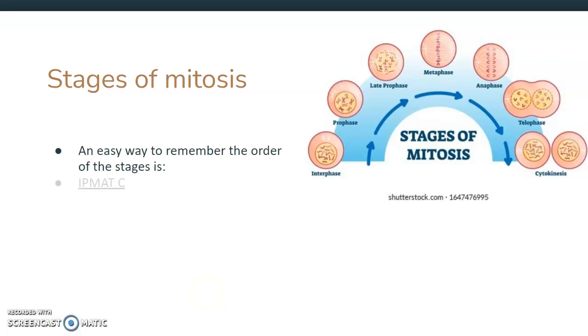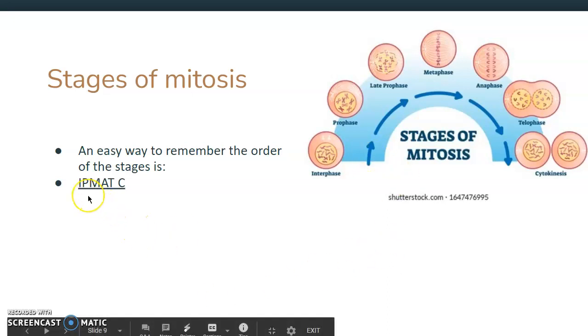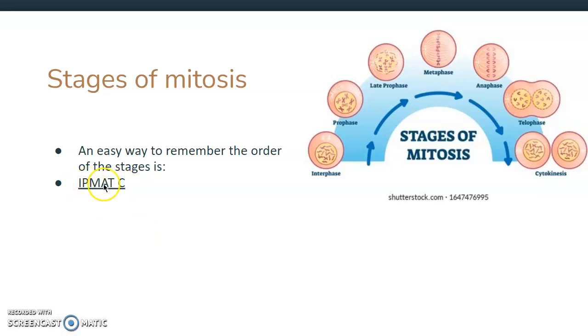So we have an easy way to remember our stages for mitosis. I'm not quite sure if I want to say IPMAT-C or IPMAT-C or what yet, but the idea is each letter in this stands for a different stage. So our first stage is interphase, that's the I. Our P is prophase.